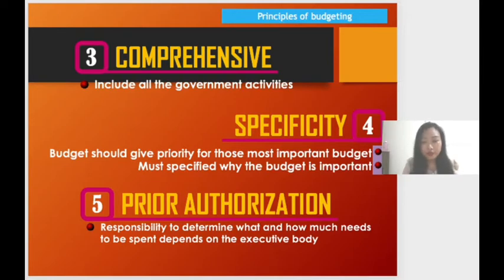Number 4, specificity. Budget should give priority to the most important budget items. Must specify why the budget is important. And also the fifth one, prior authorization. Responsibility to determine what and how much needs to be spent depends on the executive body.